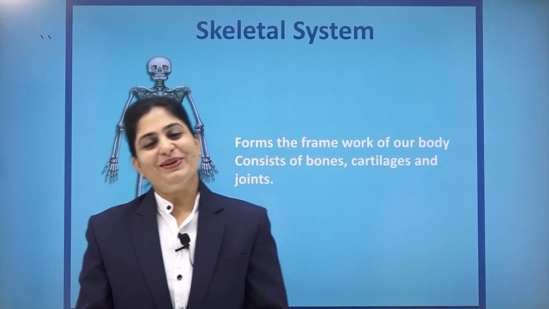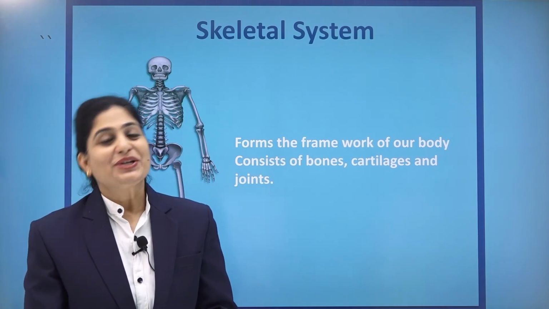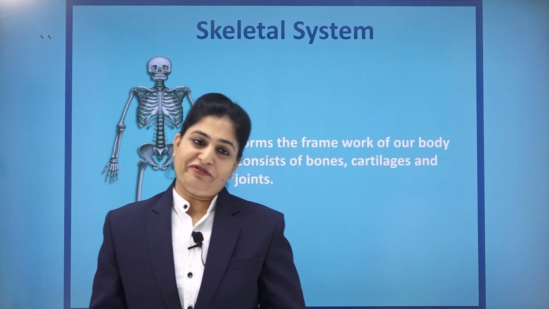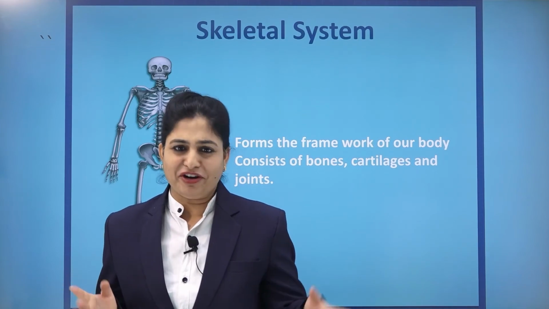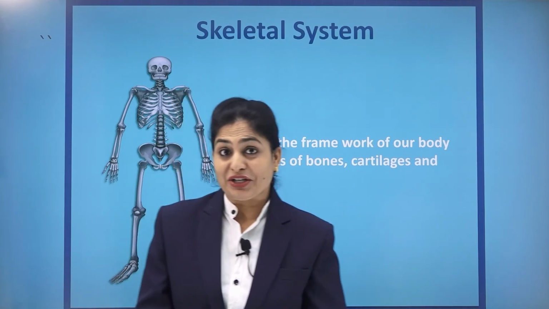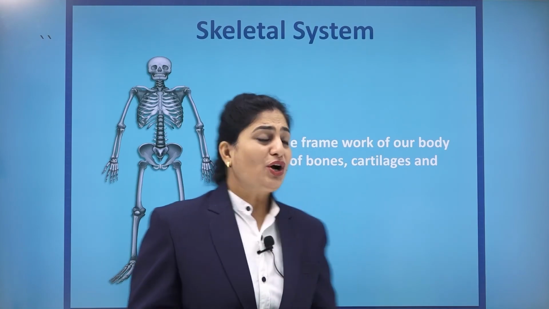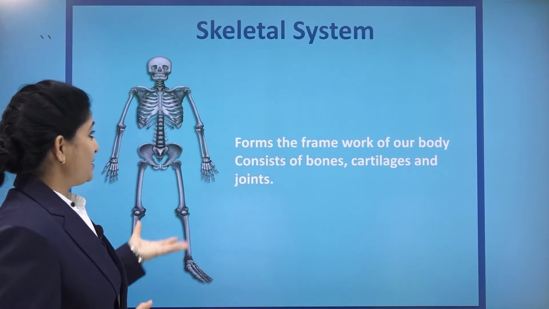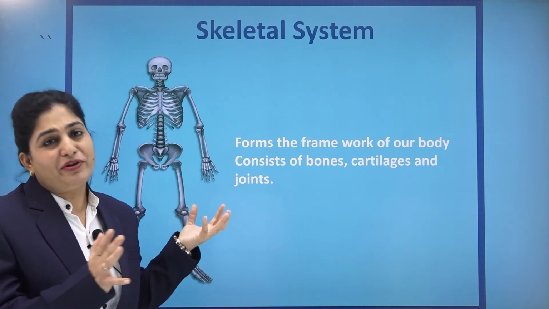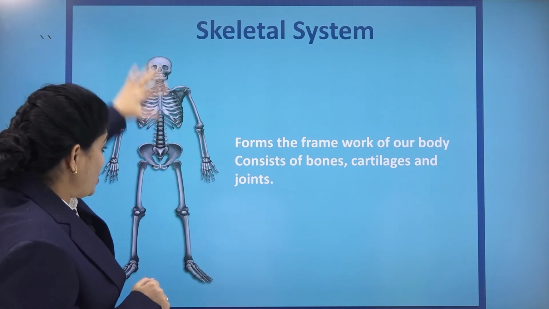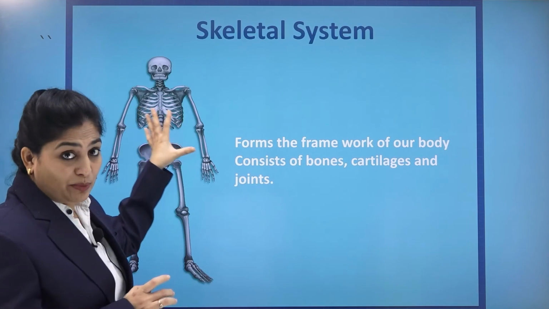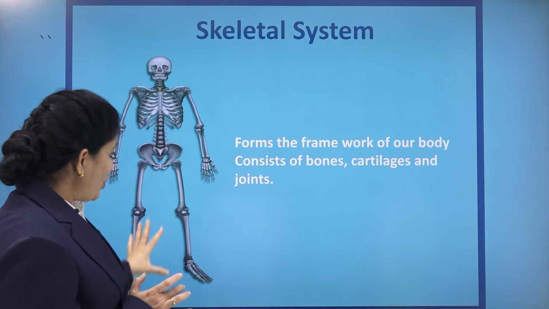Let us talk about the skeletal system in detail. What is the skeletal system? The very first thing is it forms the framework of our body and it consists of bones, cartilages and joints. Can you see this skeletal system? Yes, this is the basic framework of our body. It provides support to our body.